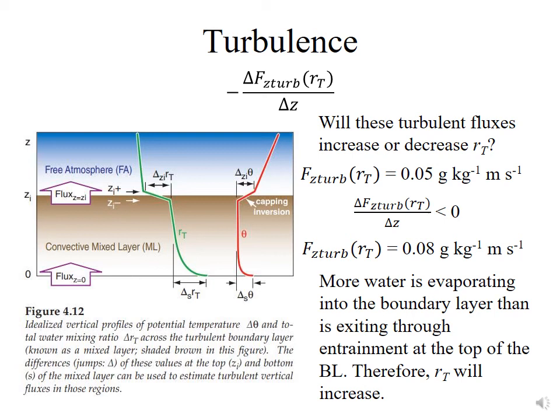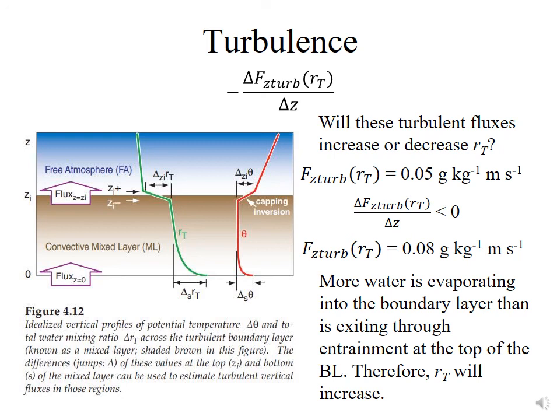And what we have here is that the change in the flux in the vertical direction due to turbulence is decreasing as we move up away from the surface in this scenario. So our delta FZ turbulence divided by delta Z is going to be less than 0.